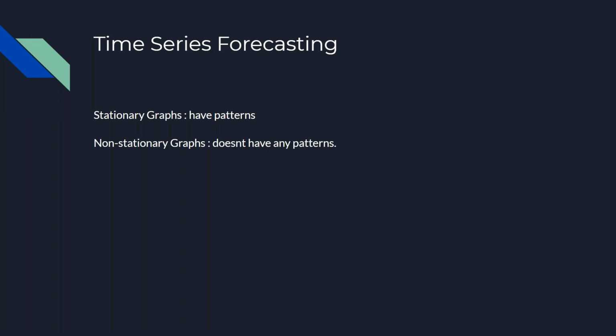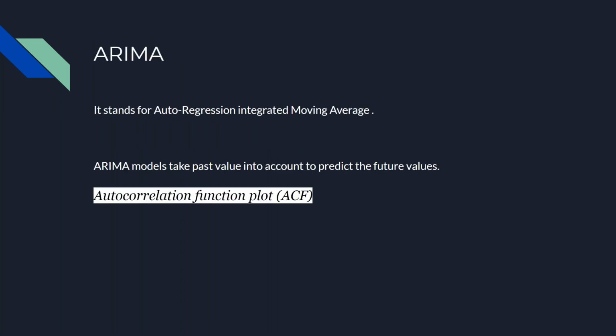So there are time series models, like ARIMA, which stands for Autoregressive Integrated Moving Average. What this model does is it takes the non-stationary graph which we have and converts it into a stationary graph which we can use for predicting, where we can find the patterns in the graph, right?